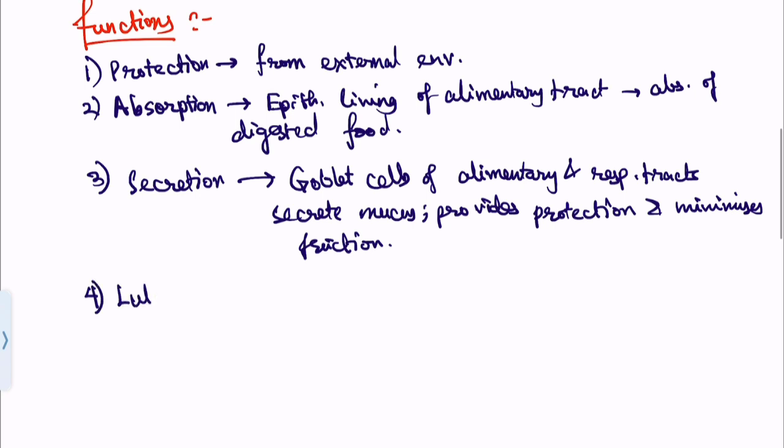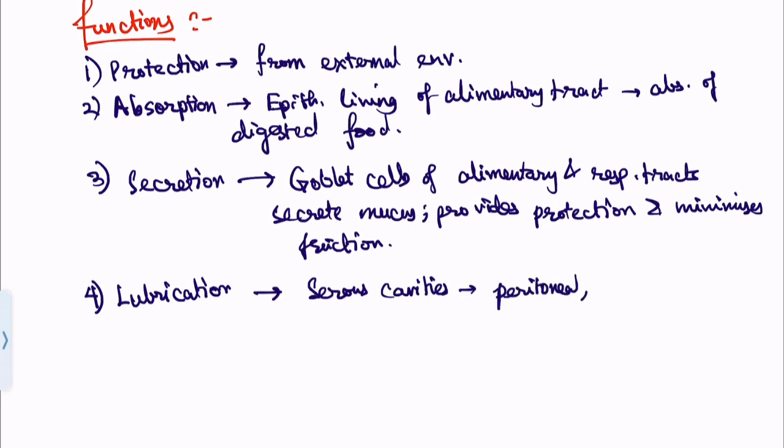Fourth is lubrication, mainly in serous cavities. Example, peritoneal cavity, pleural or pericardial.